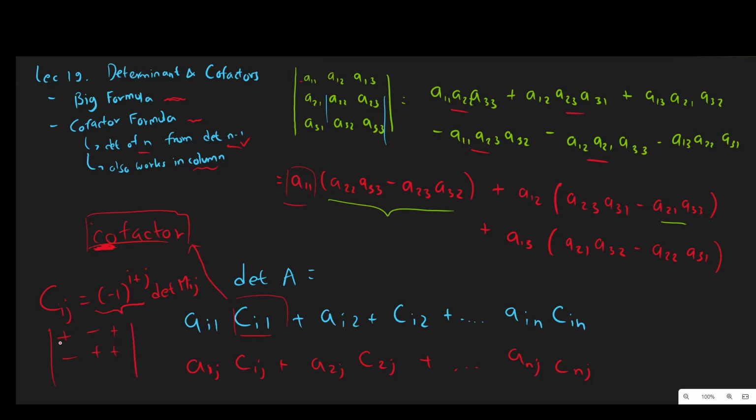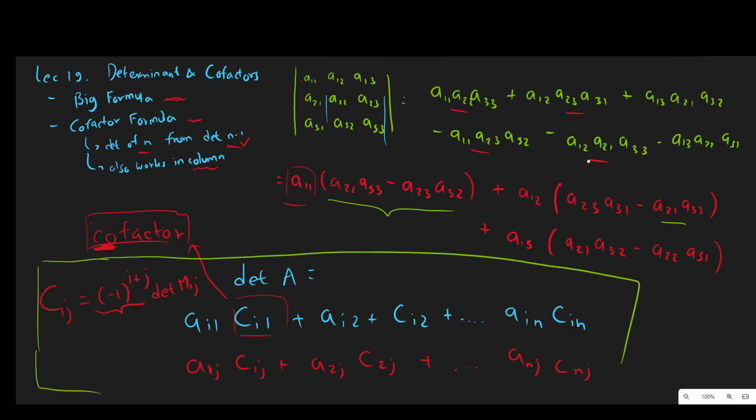So at i1 j1 you have the positive, but at i1 j2, minus 1 to the power of 3, this will be negative 1, and so on and so forth. I'm sorry, this should be minus. Yep, that's it. So these are the formulas that you want to remember for the second part here. So thank you.